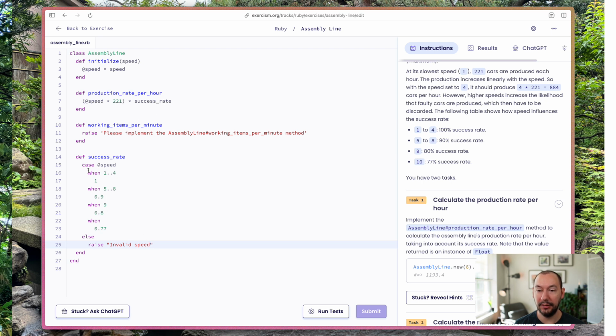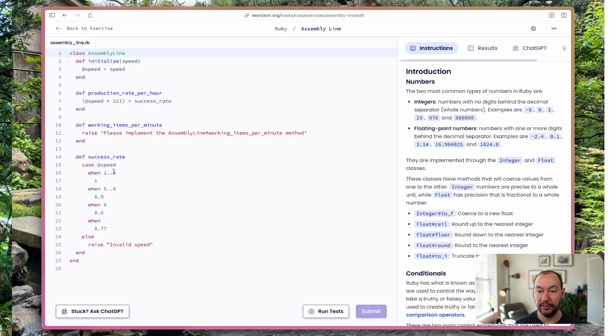Yeah, so, all right, let's think about what we've got here. I don't know why these are indented separately from, whoops, that's not the right button. Oh, you know what?